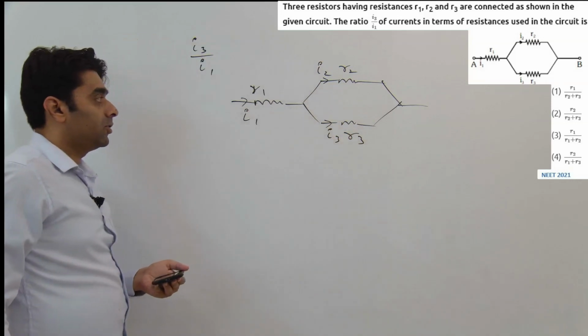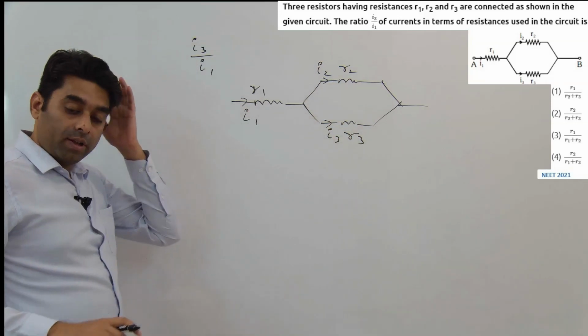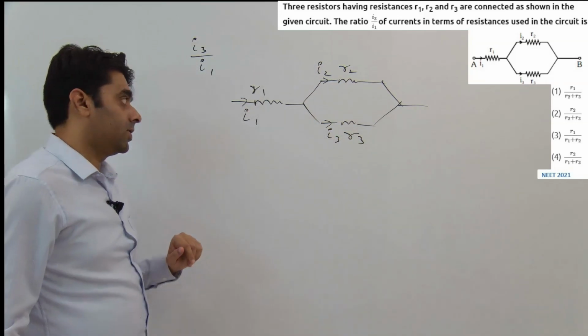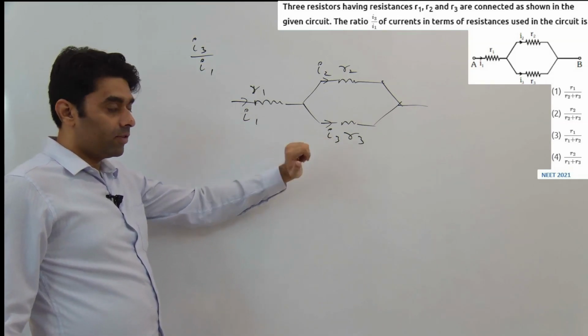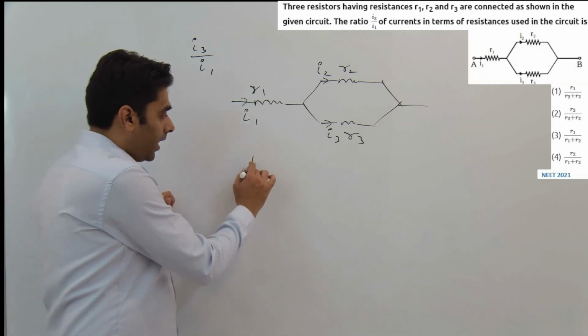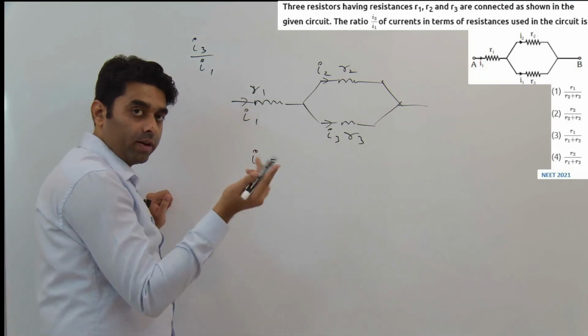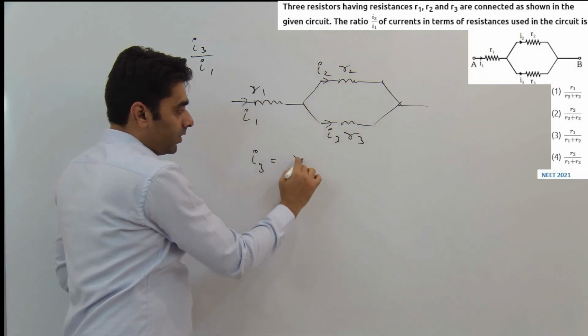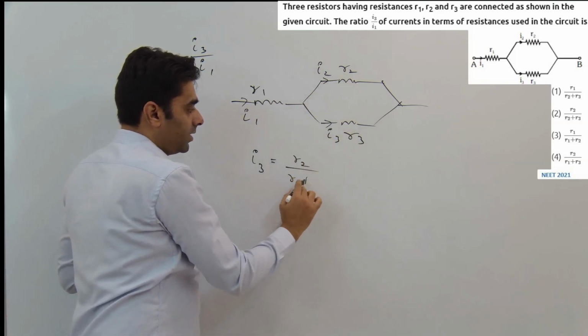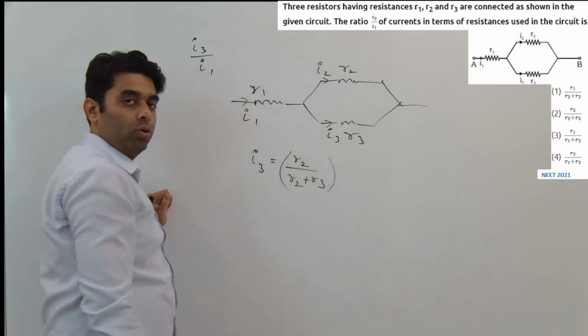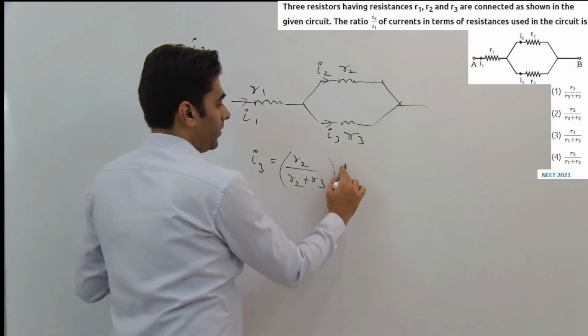They are asking us the ratio between I3 and I1. How to do it? It's about current distribution. Current in resistance R3, I3, is the opposite resistance by total resistance, that is R2 plus R3, into total current. Total current is I1, right?